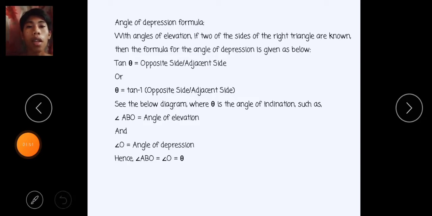Tangent theta is equal to opposite side over adjacent side, or theta is equal to tangent inverse of opposite side over adjacent side. See the below diagram where theta is the angle of inclination, such as angle A, B, and O are the angle of elevation, and angle O is the angle of depression.